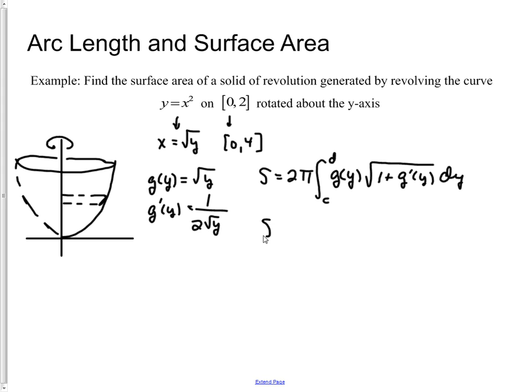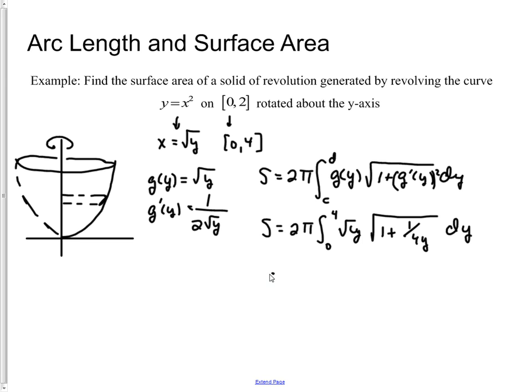Our surface area will be found by taking 2 pi times an integral from 0 to 4 this time, because we're going along our y-axis, of the square root of y times the square root of 1 plus g prime of y squared. So that's going to be 1 plus the square of 1 over 2 square root of y, so that's going to be 1 over 4y, dy.